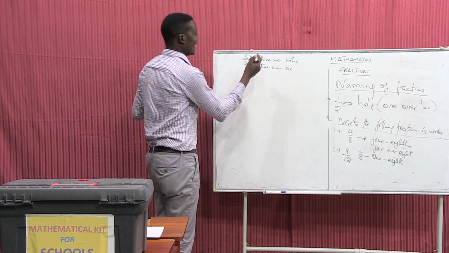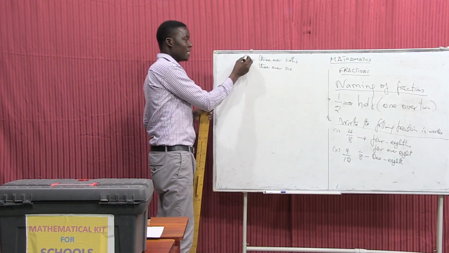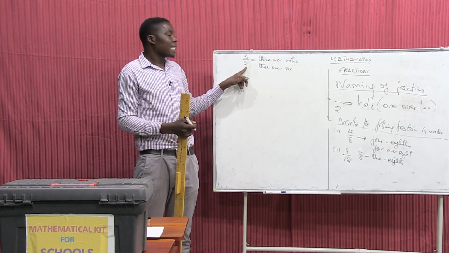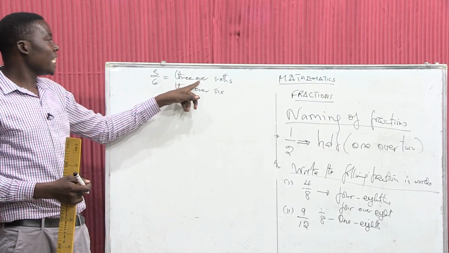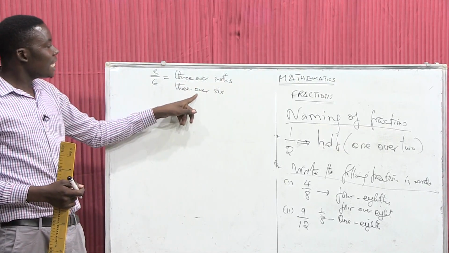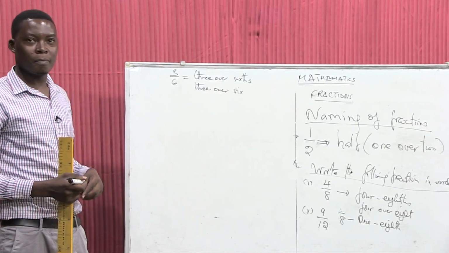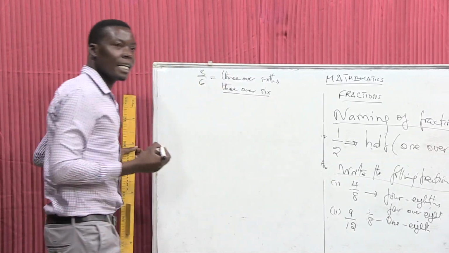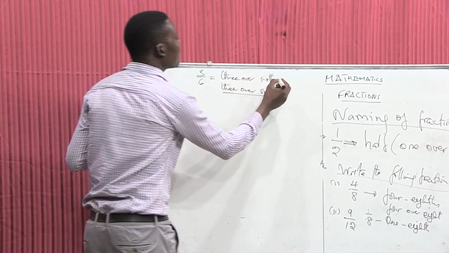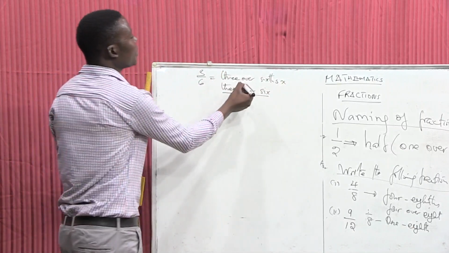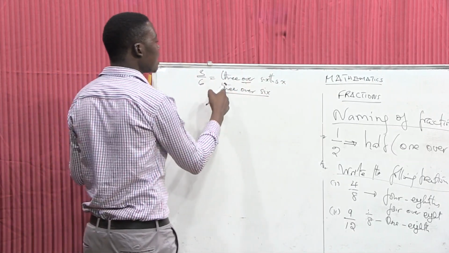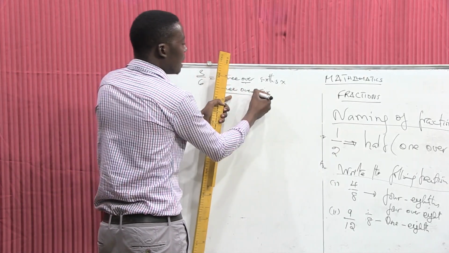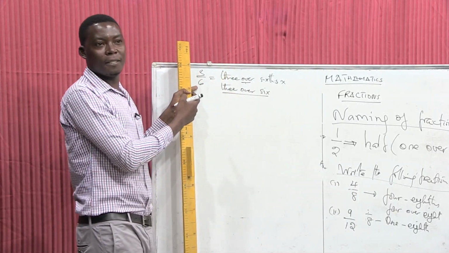Our fraction is this one, 3/6. The genuine reading or writing is 3 sixths or 3 over 6. The good one is 3 sixths and not 3 over sixths. If you decide to use over, say 3, write the number as it is, 3 over, instead of dash, 6 as it is.